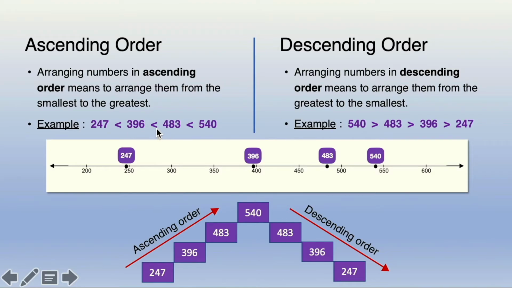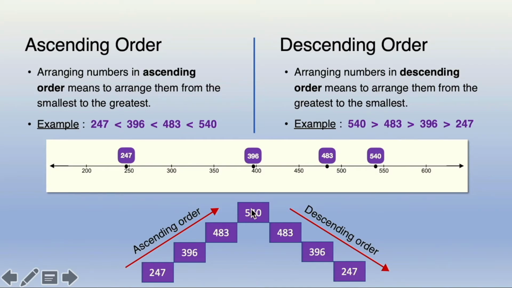Then the next number is 483, which is greater than 396 but less than the remaining number. And the last number in the ascending order is the number which has the greatest value from among all these 4 numbers.